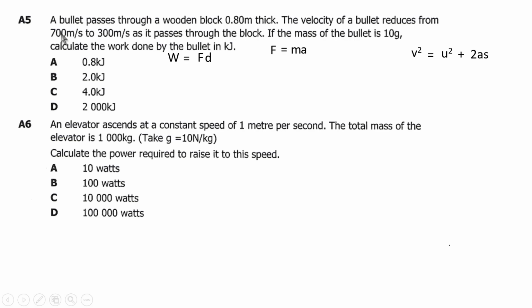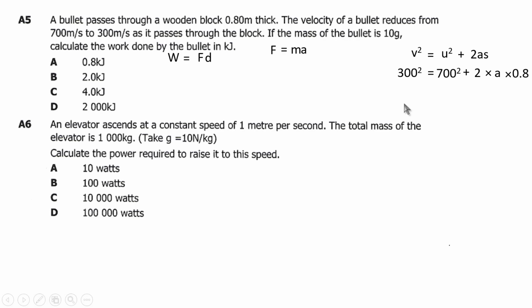So final velocity, 300 squared, equals initial velocity 700 squared plus 2 times acceleration, which we don't know, times the distance that the bullet moved in the block, because we are told a bullet passes through a wooden block 0.80 meters thick. So this is the distance, which is 0.8.